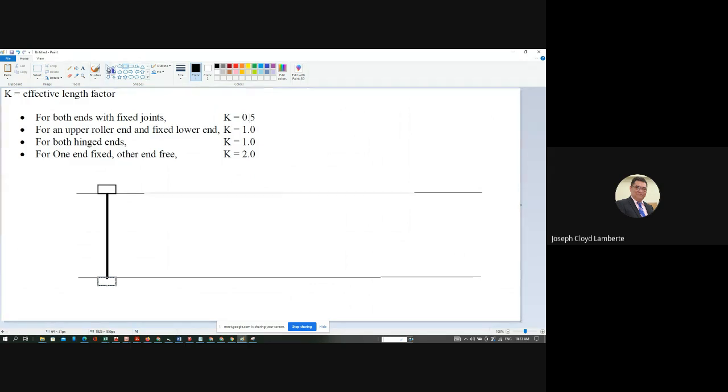Ang imong curvature ana, ang effective curvature niya diha sa kanang asa siya mo-curve, is only 1/2 lang. Half lang sa length, class.